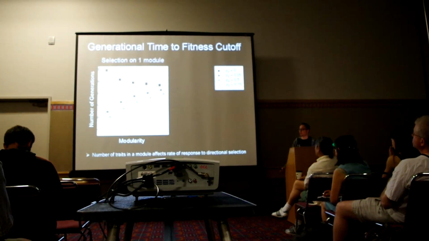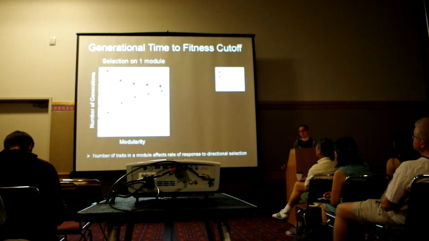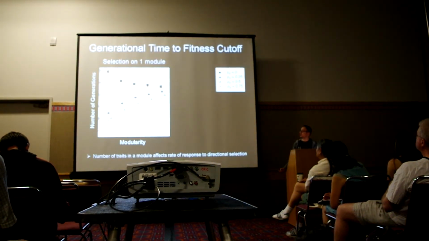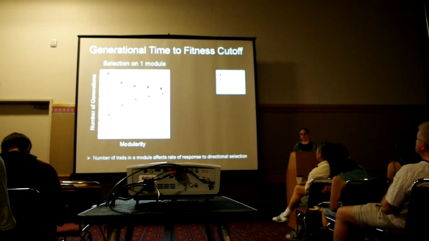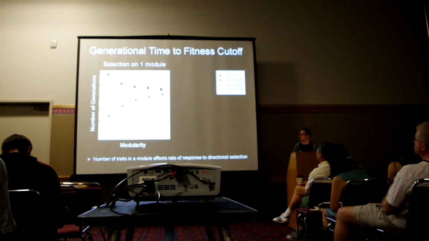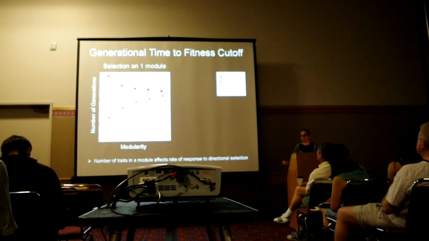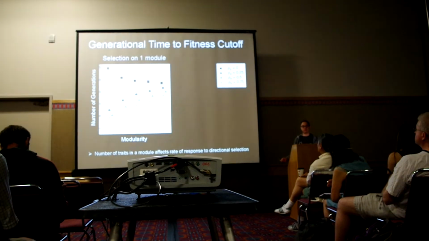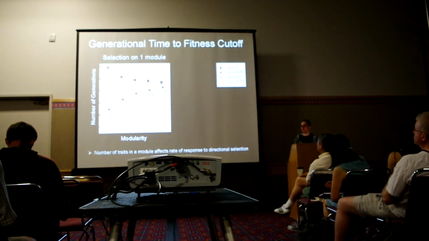The opposite is true when we have no mutational correlation. When we have no mutational correlation, these large modules take a lot longer to evolve to the same fitness threshold. And this gives us an idea that the number of traits in a module has some effect on the response to selection.